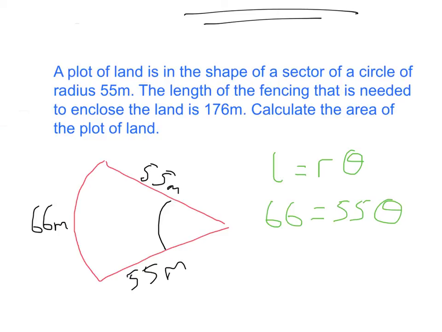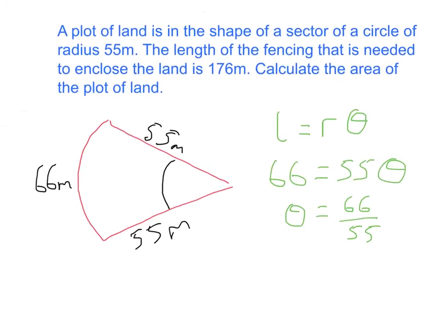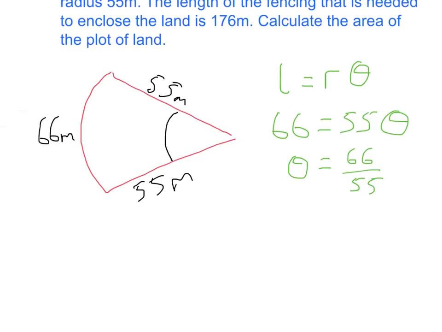So my theta is equal to 66 over 55, which simplifies down to theta equaling 1.2. Remember, we're dealing with radians. Perfect. Right, it's coming together.